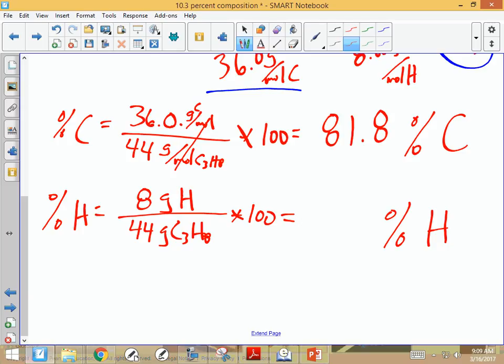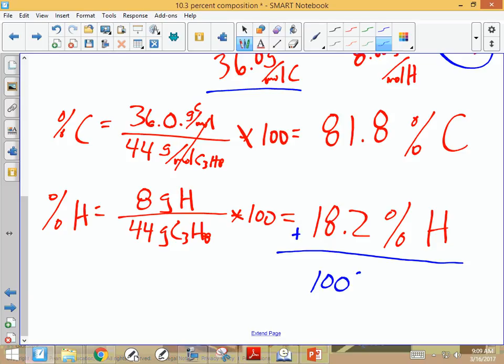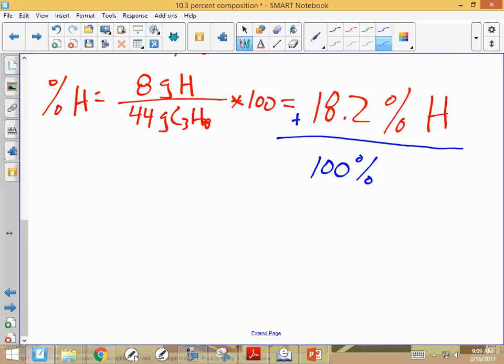And it should be about 18.2%. Okay, we have our percent composition for carbon and hydrogen, and they should total, when we add them together, 100%. And they do. So now you should be able to work 35 and 36 on page 327.